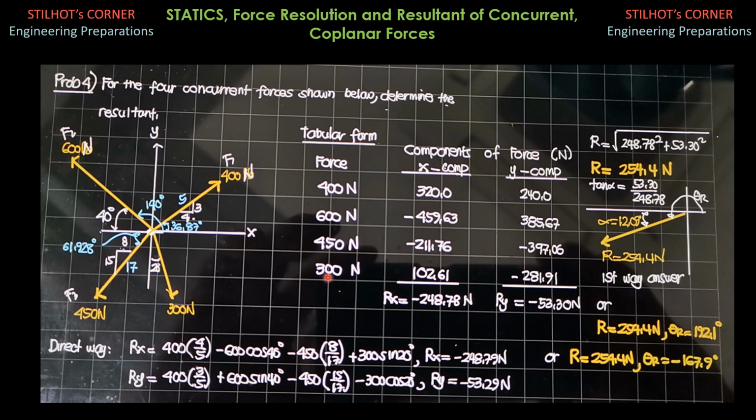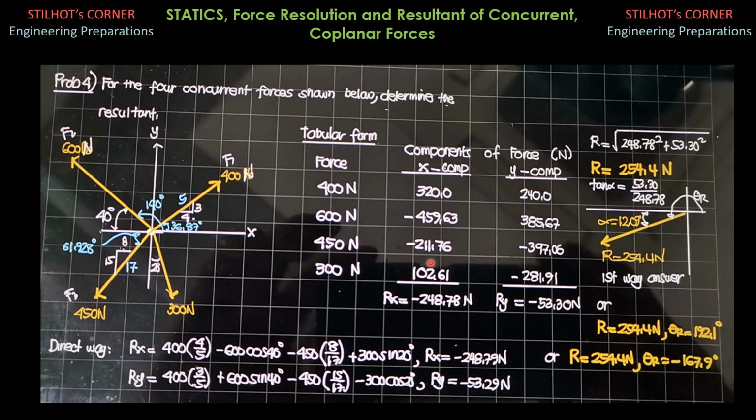Finally, for the 300 newton force, this is the x component. It is directed down to the right. So the x component is positive to the right, the y component down is negative. That angle is 20 degrees. So it is 300 sine of 20 degrees.